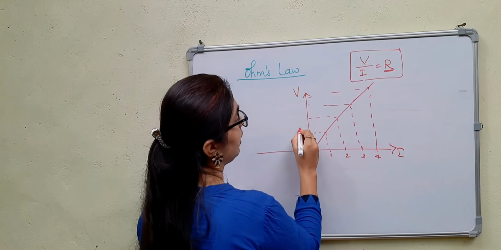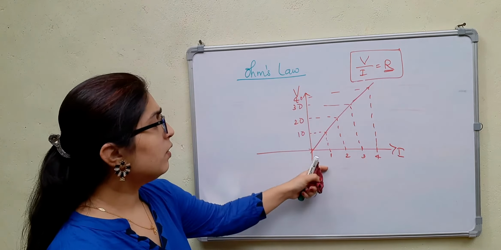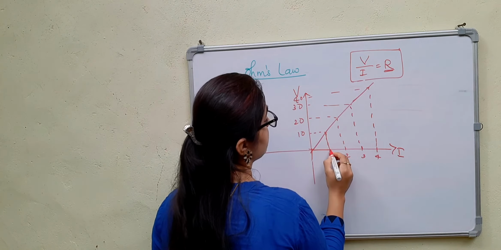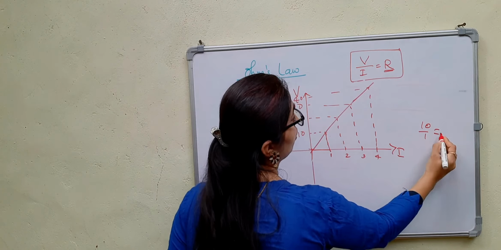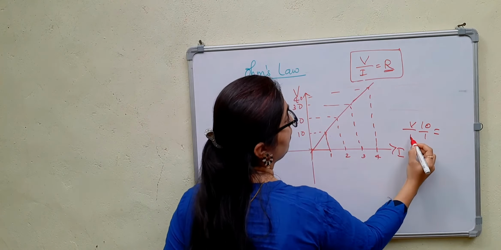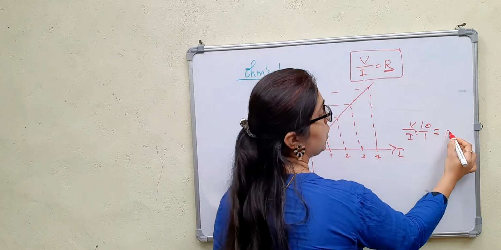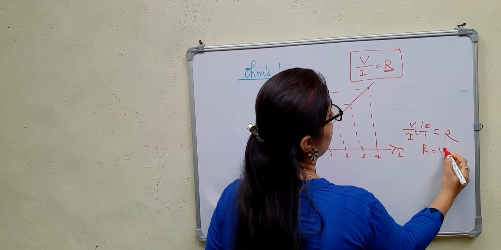We have 10, 20, 30, 40. What happens if I consider a slope like this? This is 10 divided by 1, that means it is V divided by I. V divided by I is equal to the resistance. So resistance is equal to 10 ohm here.